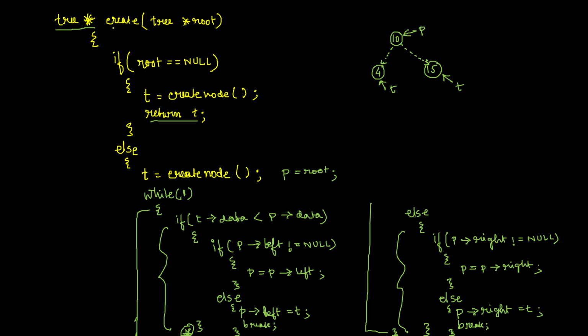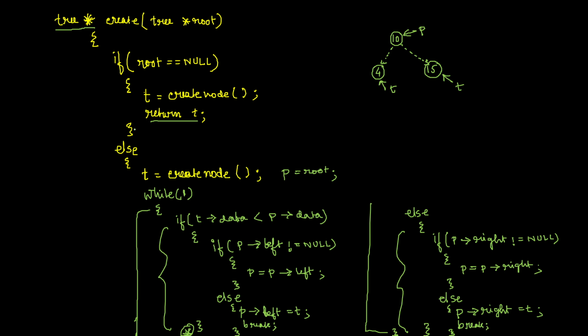If it is called the first time, the function will do nothing, no new connection. If it is called next time onwards, naturally this root contains some valid address, so this root equal to null will never be true. So automatically it will come in else and continue.